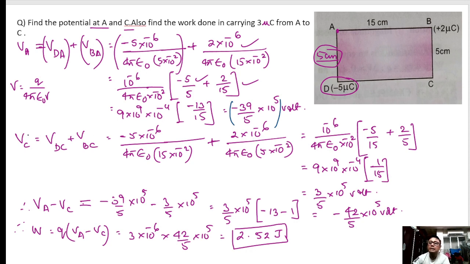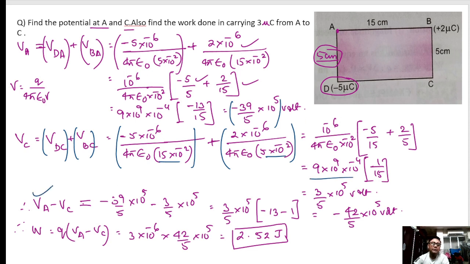Similarly, at C, the potential will be due to D at C and due to B at C. So this is due to D at C, the distance is this, and due to B at C, the distance is this. So we calculate it, we get this.